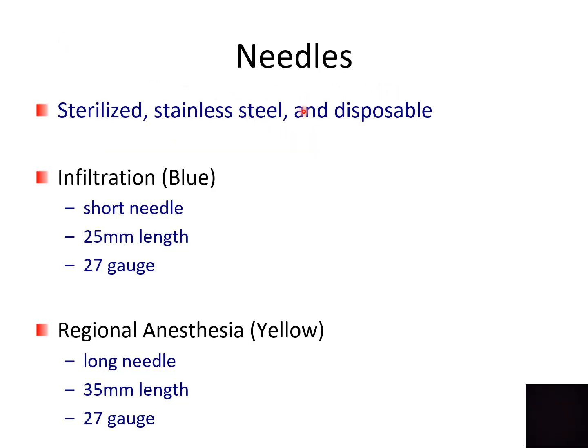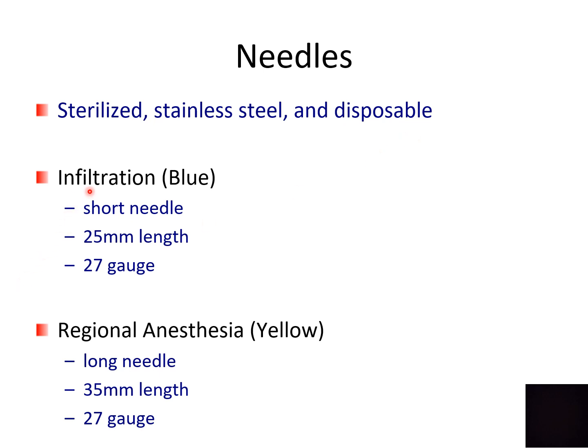The needles for dental local anesthesia, that is the Safety Plus needles you would be using, are made of stainless steel and they come in sterilized individual packings which you need to unwrap. They're disposable and for single use only.